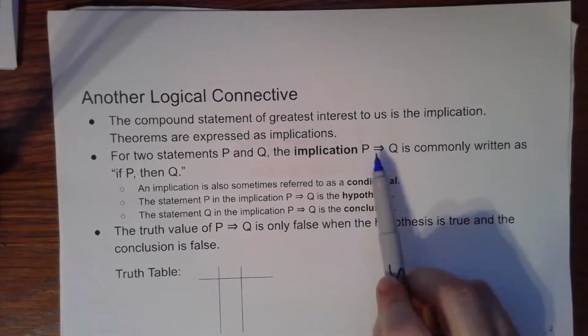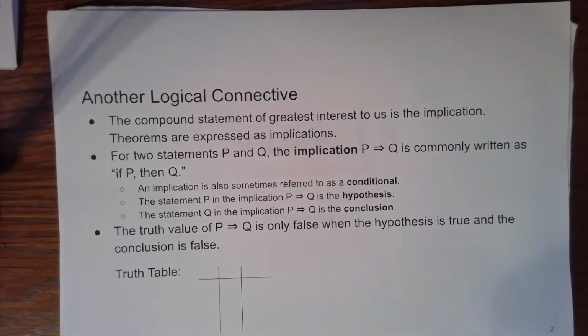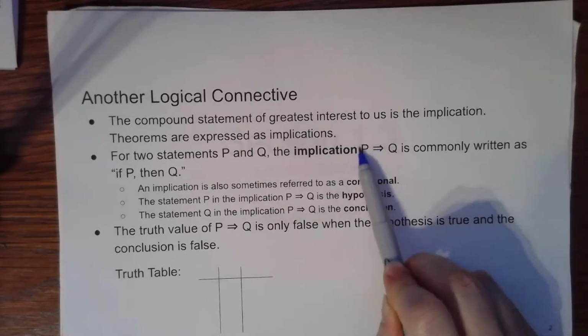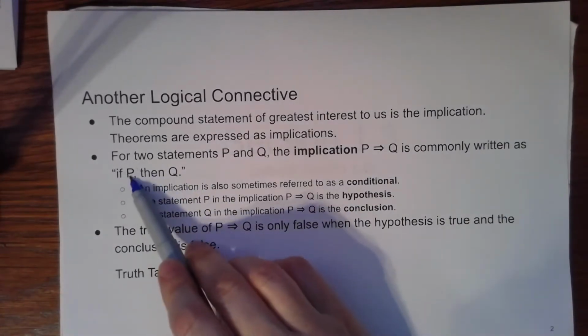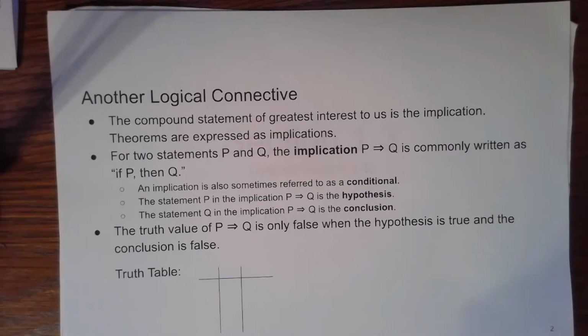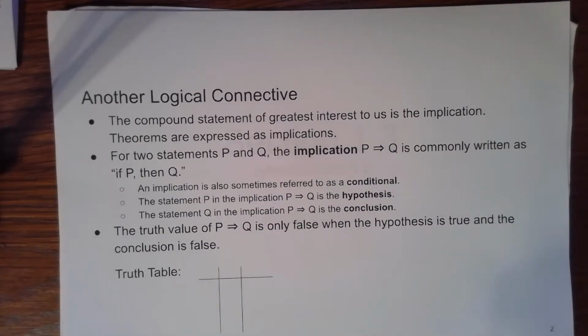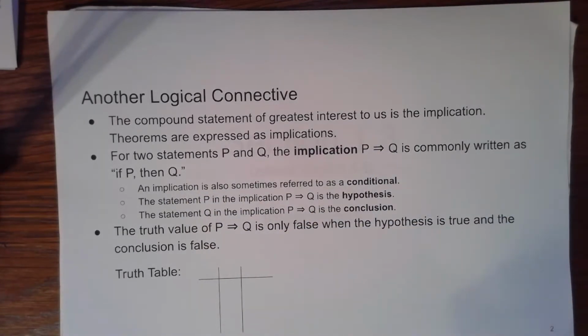And then when you look at the two statements that are in this compound statement, we have special names for them. The P, the thing that comes before the arrow, is called the hypothesis. And the Q, the thing that comes after the arrow, is the conclusion. So if hypothesis, then conclusion.